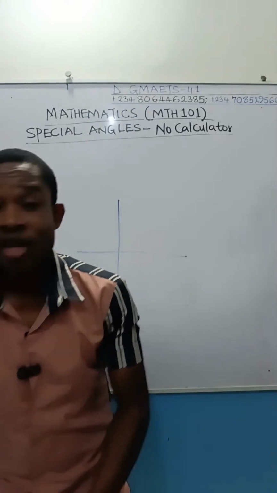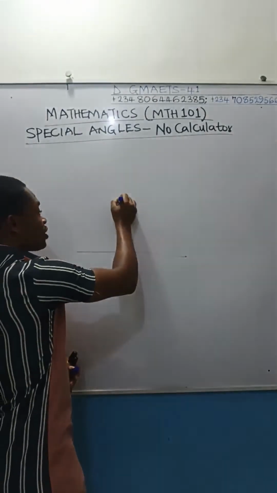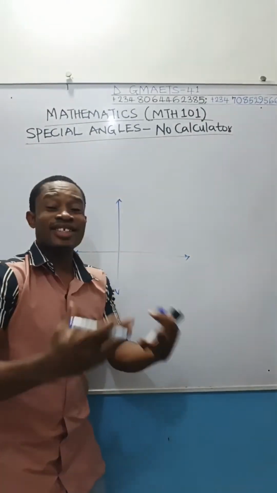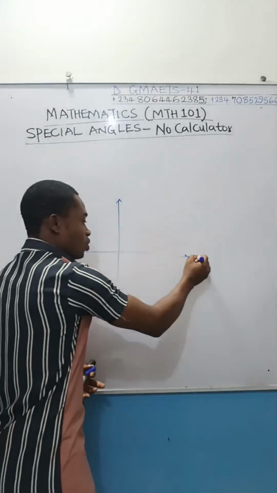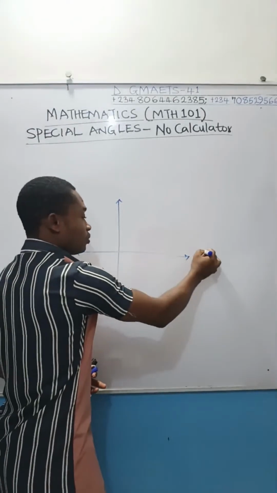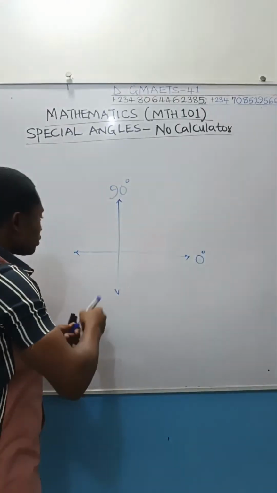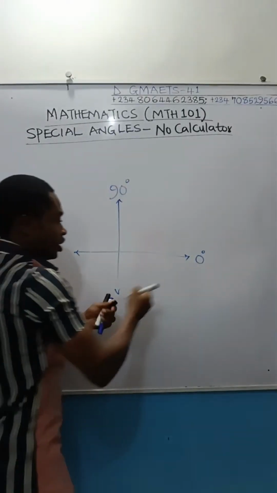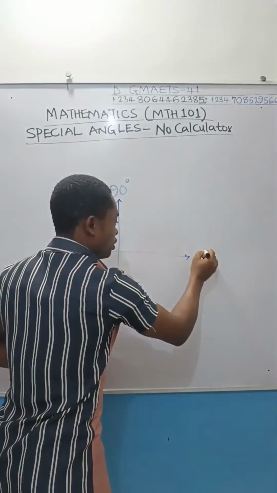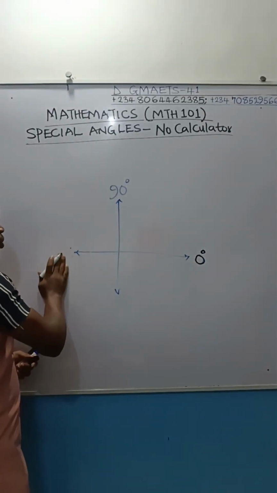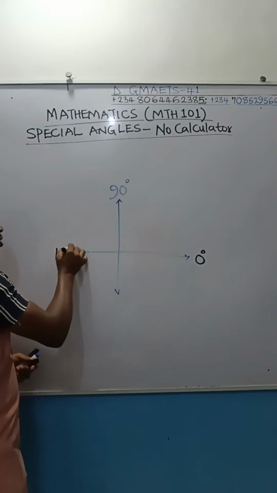For example, these are our major cardinal points. This is 0 degrees. This is 90 degrees. This is 180 degrees.